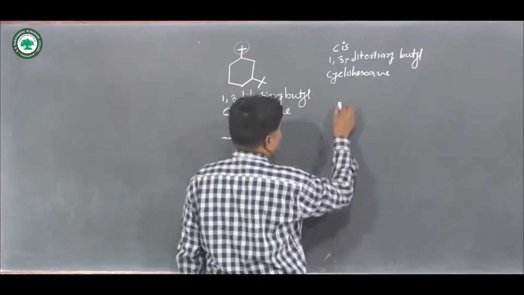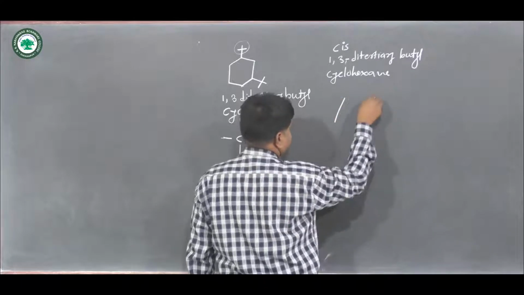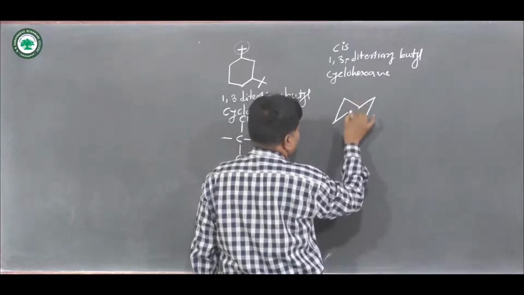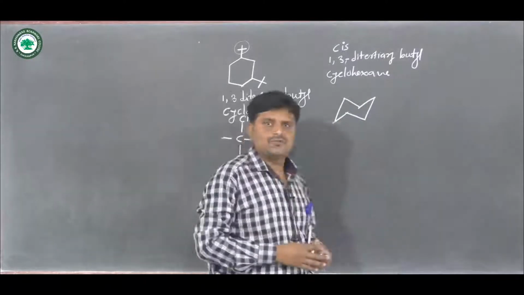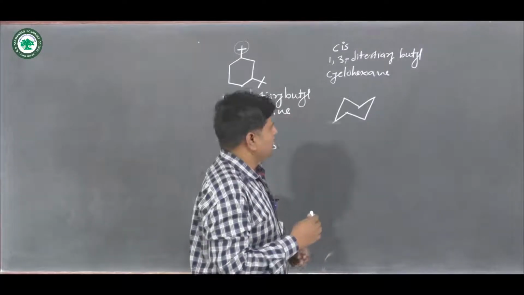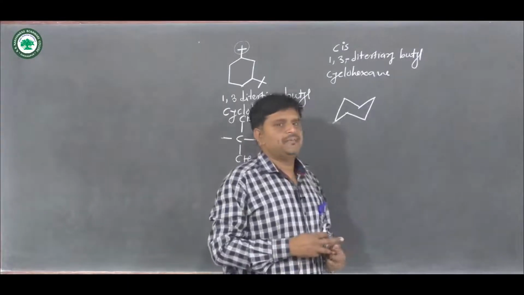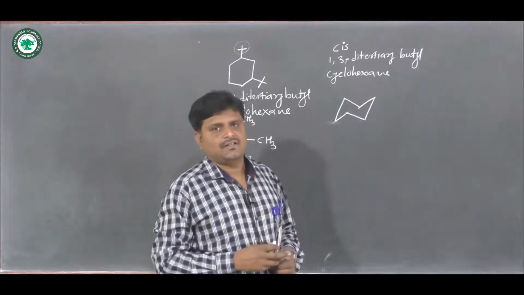First we draw its chair conformation, and now we place the bulkier groups in the proper position, which is preferentially the position with less hindrance.